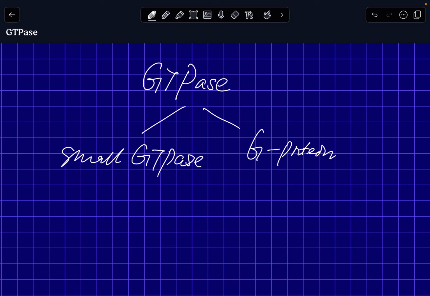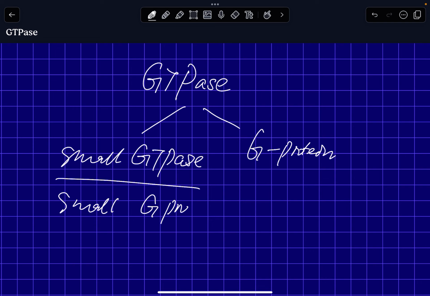So the differences between the small GTPase and the G protein are structural differences. One is simple, one has more subunits. That's the only difference I can think of at this point of my education, all right? For small GTPase, there's another name called small G protein, okay? I hope it's clear. I know it's confusing how biologists name things, but yeah, we get it, okay?